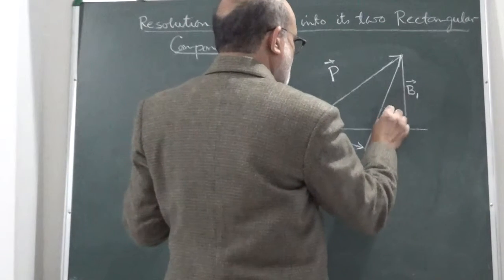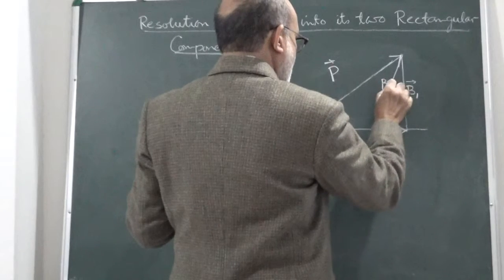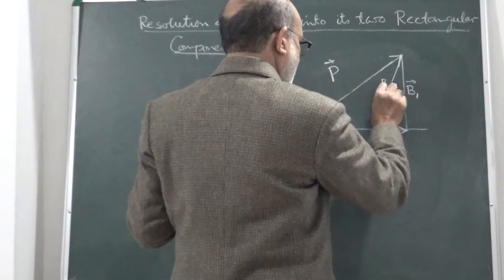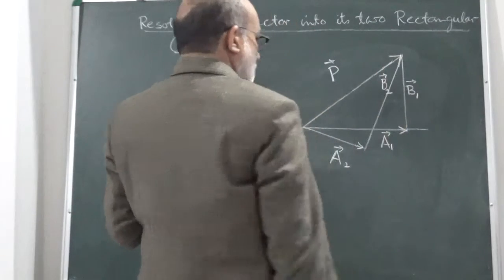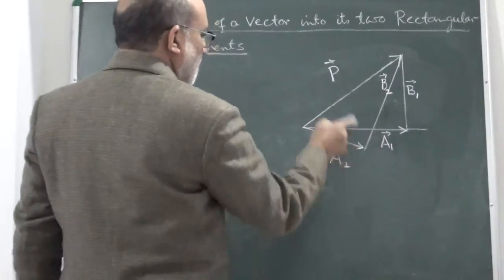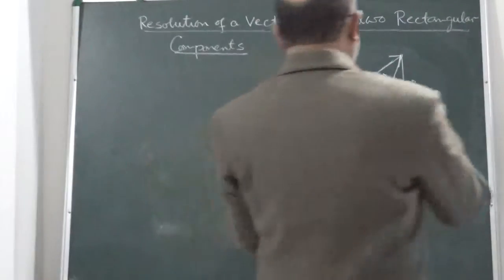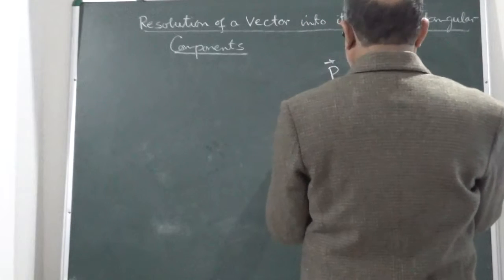A2, B2. So A2, B2 is again the rectangular components of vector P. We can have another set of components also.